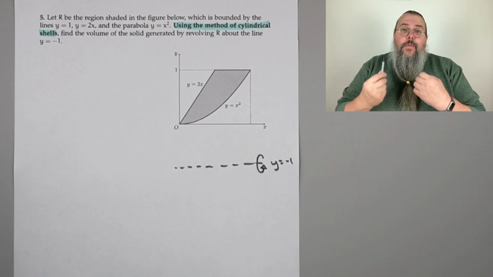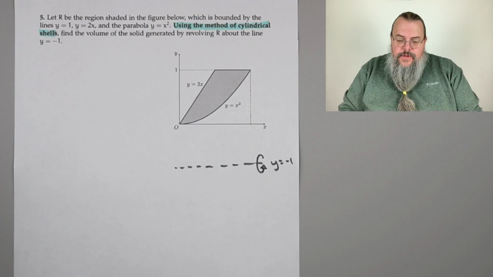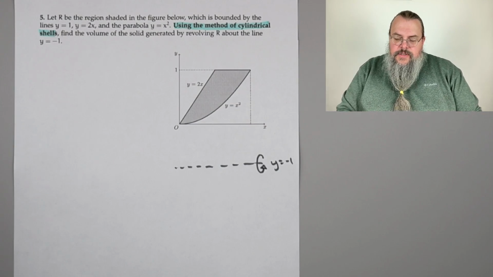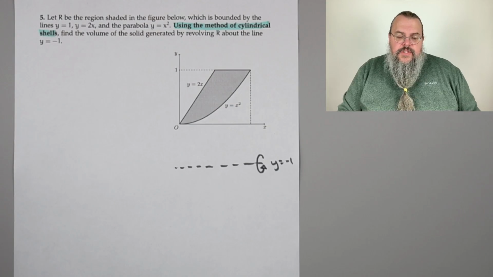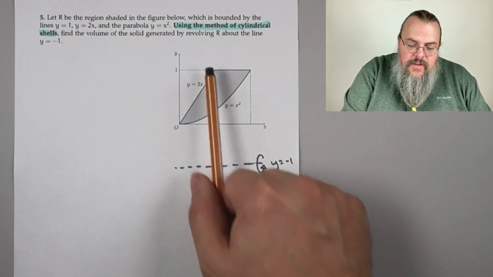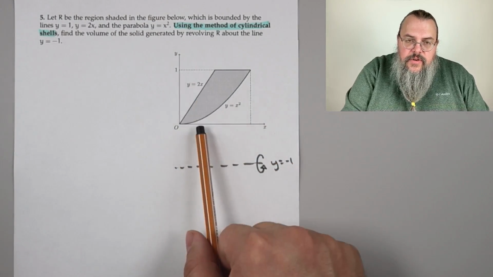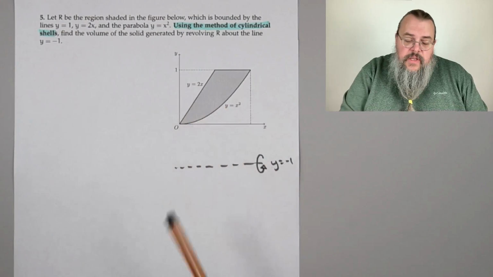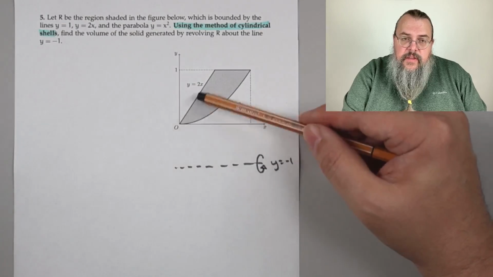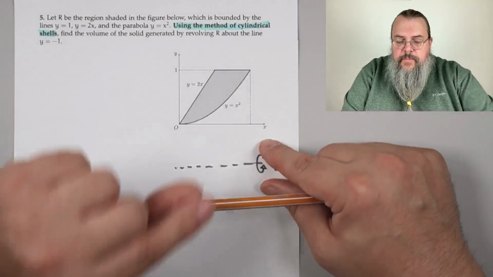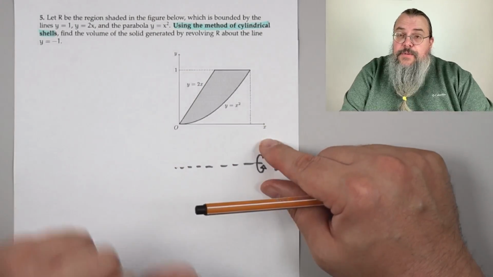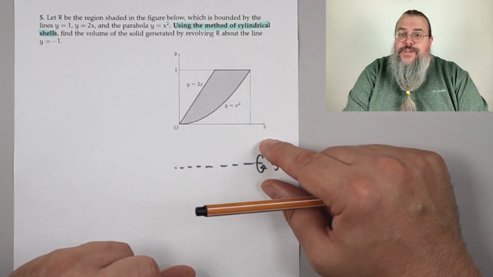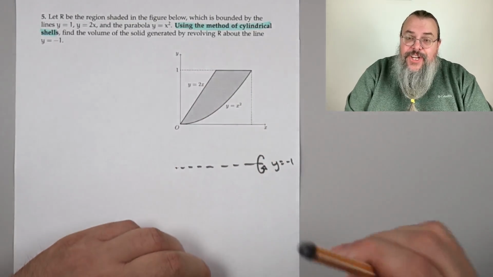Now, what are we trying to do? We want the method of cylindrical shells. So there's a question that we always ask ourselves, which is, how are we slicing? We could slice our region in two ways, vertical slices or horizontal slices. If you took a vertical slice and spun it, what shape would you be forming? It would be a washer. Well, that's not a shell.